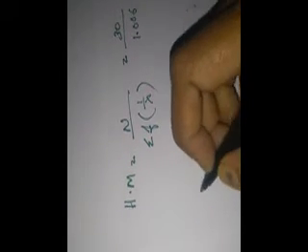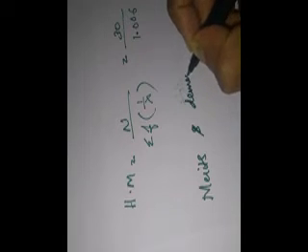Next, we have got merits and demerits of harmonic mean. You can just write it down in your notebook. Harmonic mean possesses most of the important properties of a good average. It is based on all the observations.